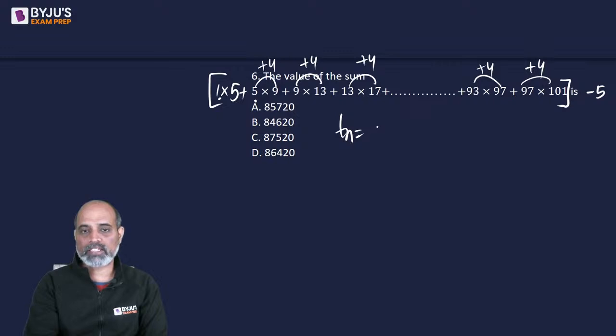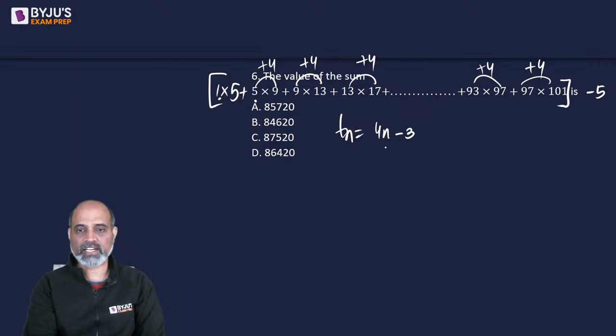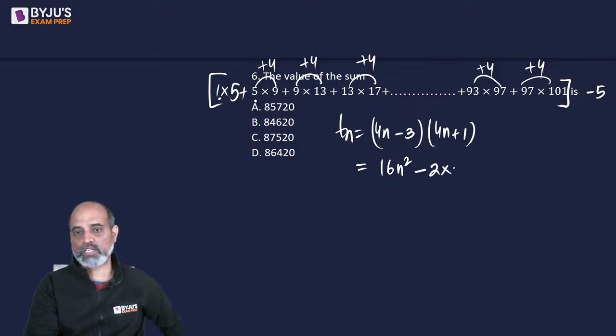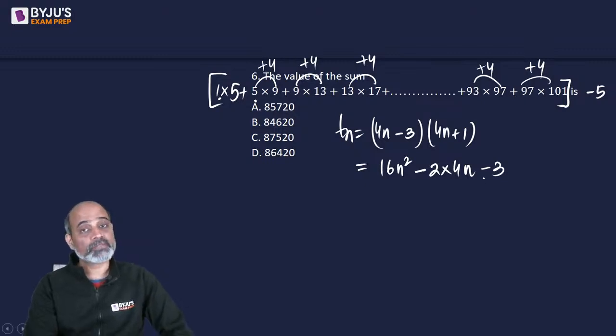So I can write this as 4n minus 3, so that if n is 1, I get 1. If n is 2, I'll get a 5. If n is 3, I'll get a 9. And the next term is 4 more than this, so this will result in 4n plus 1. Adding 4 to minus 3 gives us 1. Opening this will give us 16n square minus 3 plus 1 minus 2 times 4n and then minus 3. This is the general term.